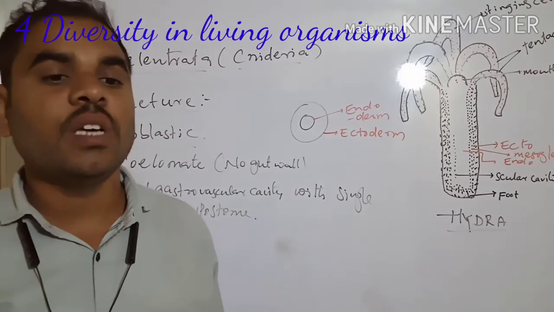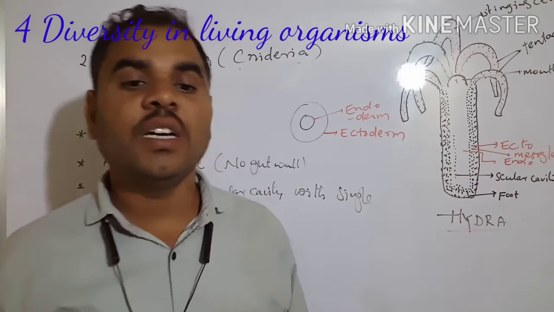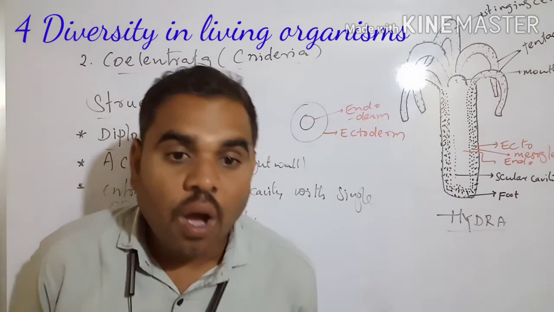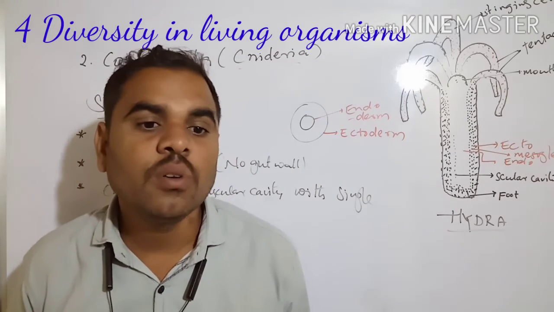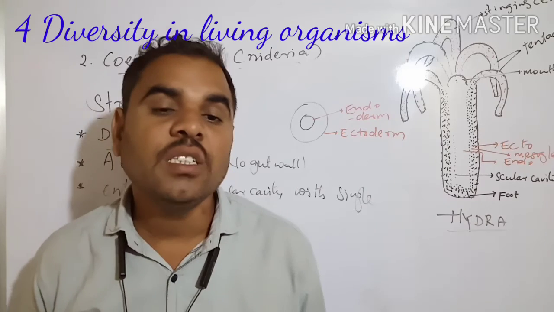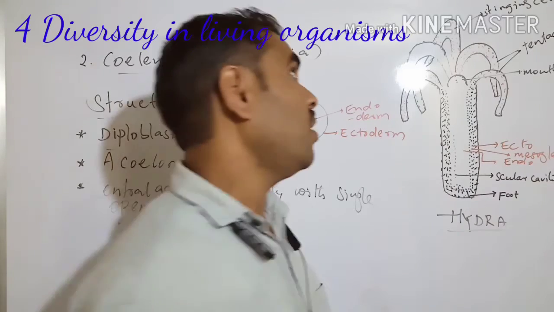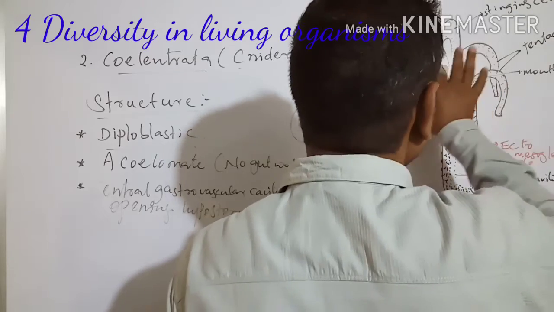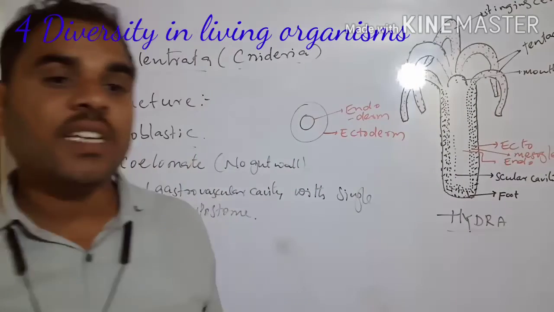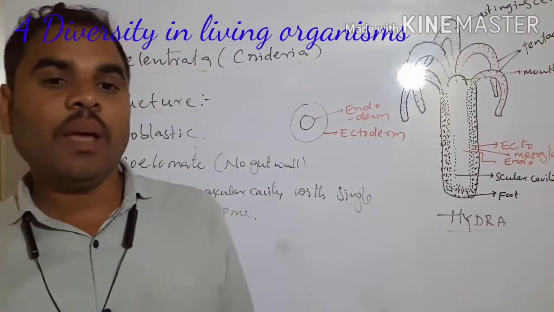See the cnidoblast. The cnidoblast contains poison-filled nematocysts, which help to paralyze prey. The stinging cells are on the tentacles. What will happen?